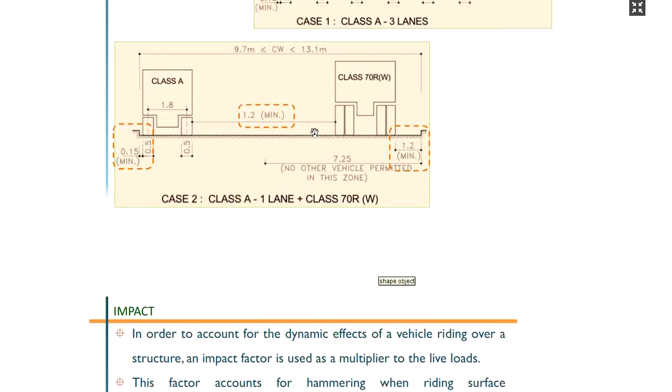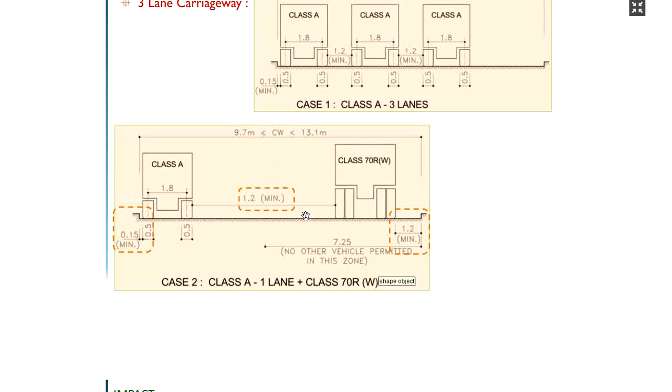So this way we are supposed to do the combination. Right now we are not going into detail of each and everything, but you should know that this type of vehicle classification we need to do, and based on the actual condition we have to place the different vehicles, and then subsequently we have to transfer the load to the structure.